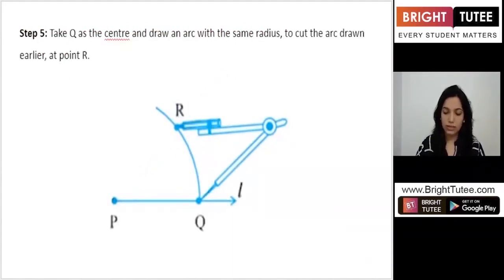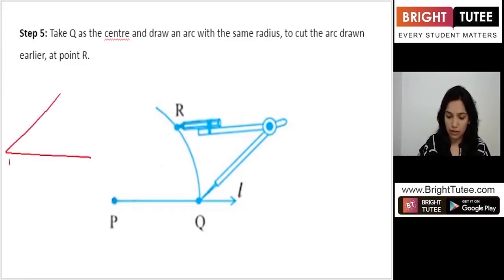Now what you do next is take Q as the center and draw an arc with the same radius to cut the arc drawn earlier at point R. So with the same radius that you have taken on the compass that measures the angle, suppose this was the angle A, this was point B, this was point C. You took the opening of this particular arc BC.